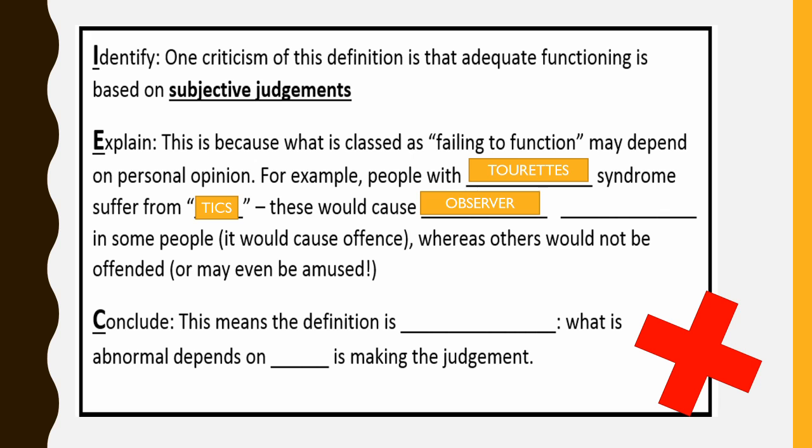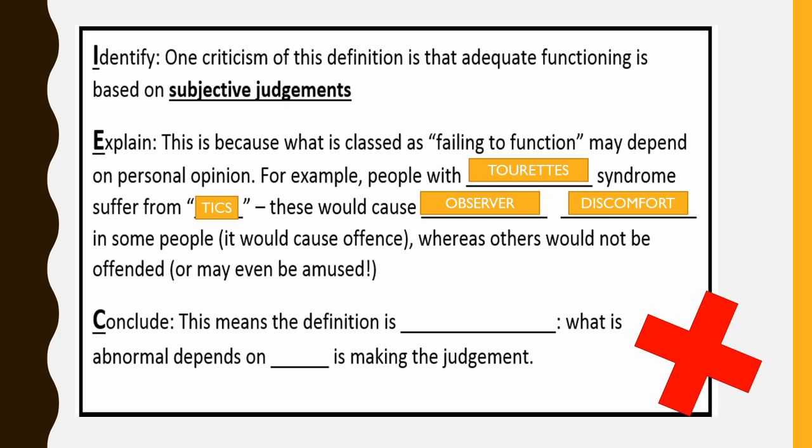Now these would cause observer discomfort in some people, whereas others wouldn't be offended in the slightest. They might even be amused. Tics can take all shapes and forms, but probably the most common tic that you know is swearing. It's not necessarily always swearing, but that's the kind of behaviour that you lot will probably be familiar with.